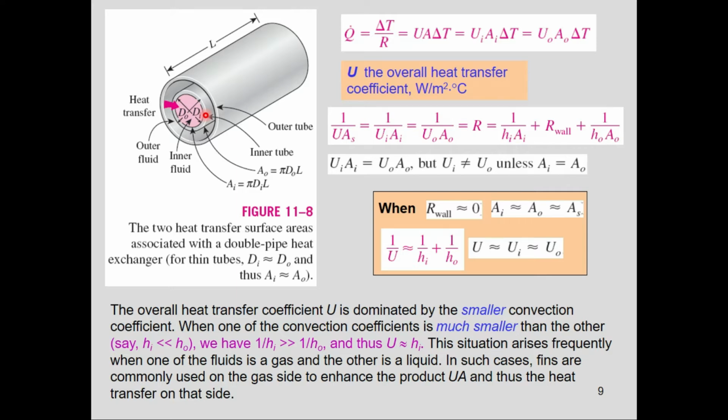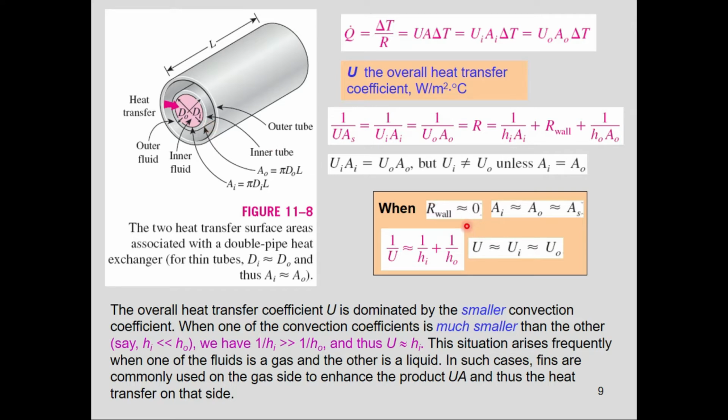What does it mean? The inner diameter and the outer diameter are almost the same. We will assume that Di and Do are the same. Ultimately, the inner surface area and the outer surface area will also be the same.